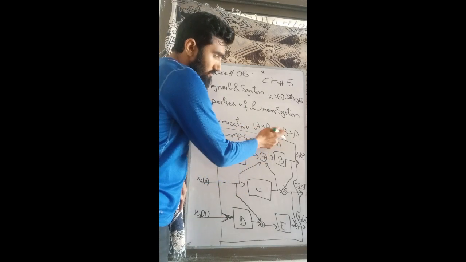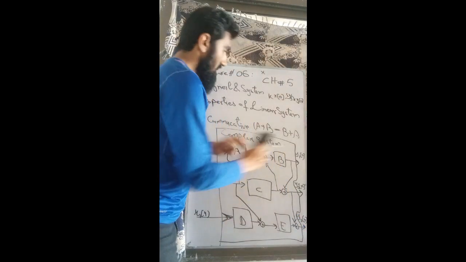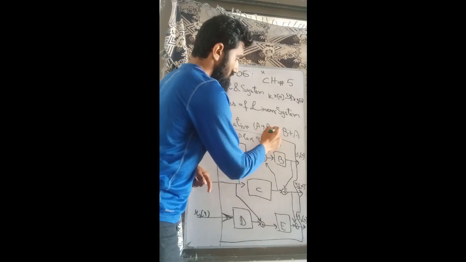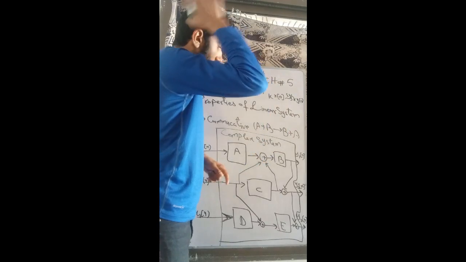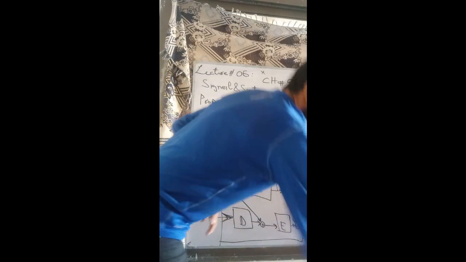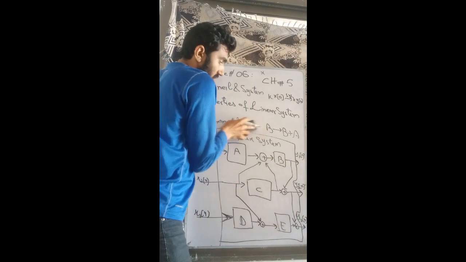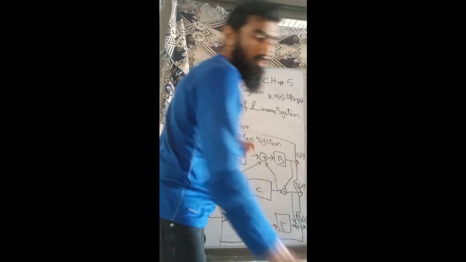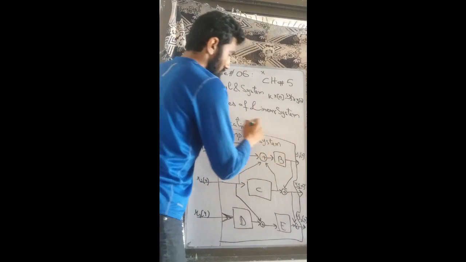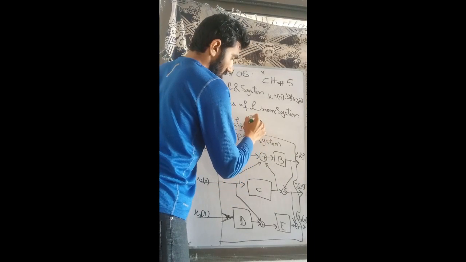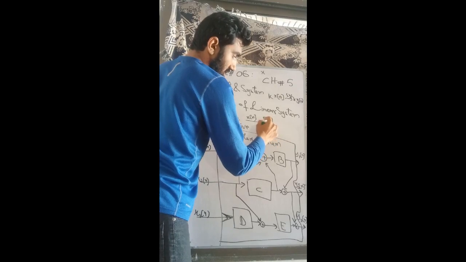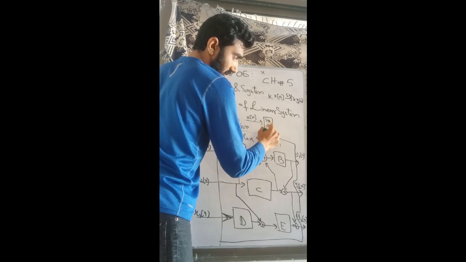If I replace this equality sign with an arrow, not with an arrow, let's suppose that a and b are two systems. We have input signal x of n, and here we have some system, let's say a.